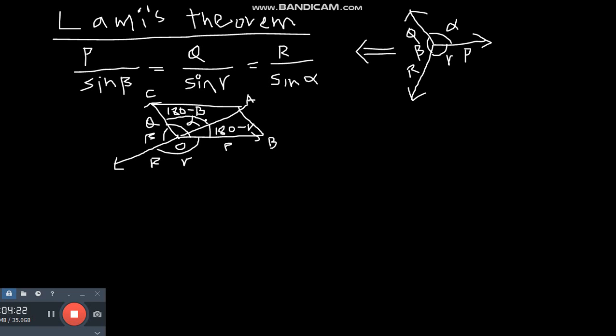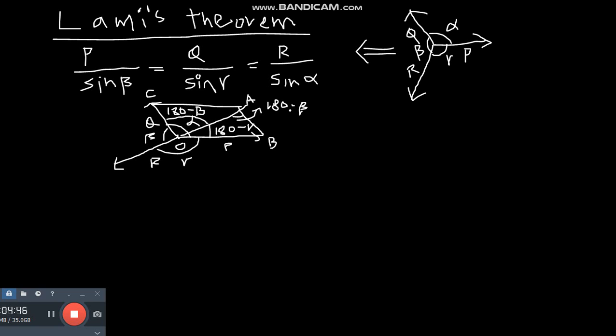If this is 180 minus beta, this also is 180 minus beta from the geometrical property. This is a straight line, these are alternate angles, therefore you will get 180 minus beta.